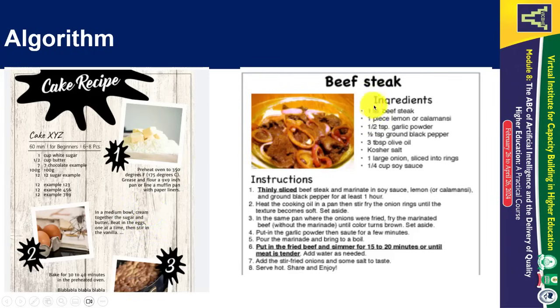Want to make beef steak: one pound, oh, that's a British thing, I just copied this one. 1 gram or 10 grams of beef steak, a piece of this, 1 teaspoonful of garlic powder. Instructions: thin slices, then next, next, next. Without this algorithm, artificial intelligence cannot work.